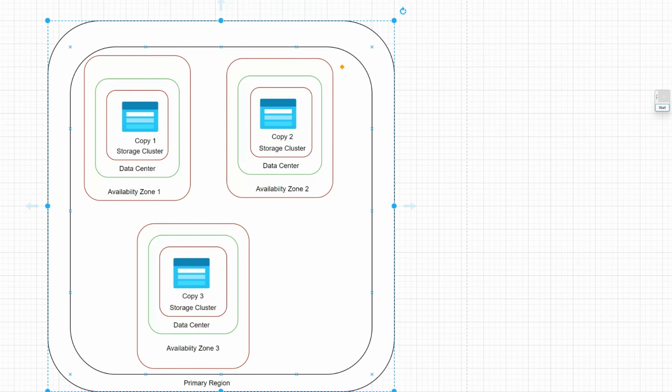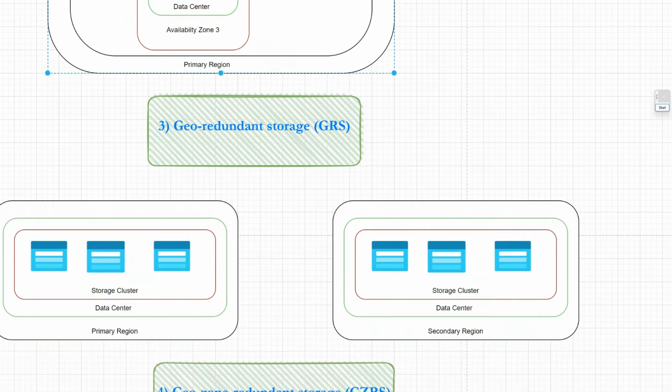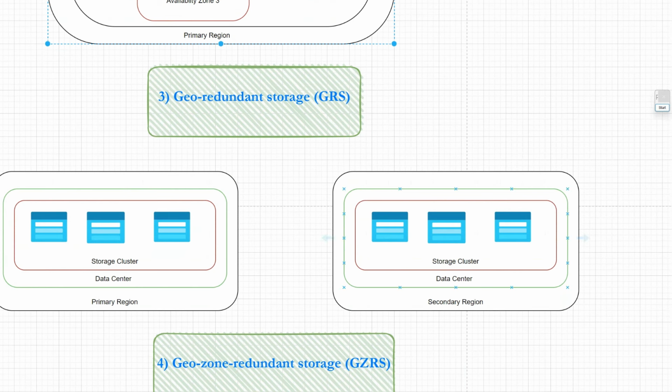So the next one would be geo-redundant storage, which is GRS. So in GRS, this basically combines the LRS within the primary region and asynchronously replicates the data to a secondary region. So we can say that data is synchronously replicated 3 times within a single storage cluster in the primary region, and then it is asynchronously replicated to a secondary pair region.